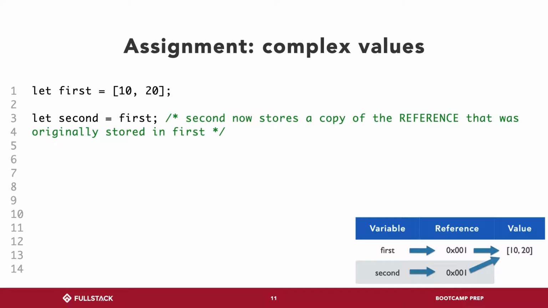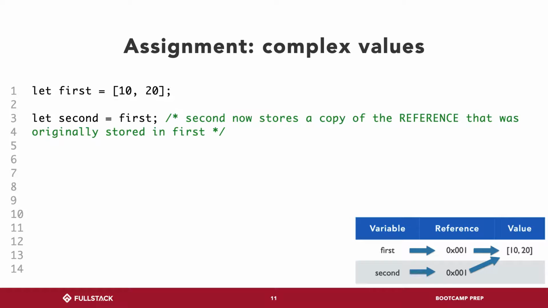But here's where things get weird, okay? If I say second is now equal to first, second now stores a copy of the reference that was originally stored in first. Because when you assign something to a complex data type, what is stored inside the variable is a reference to that value in memory.